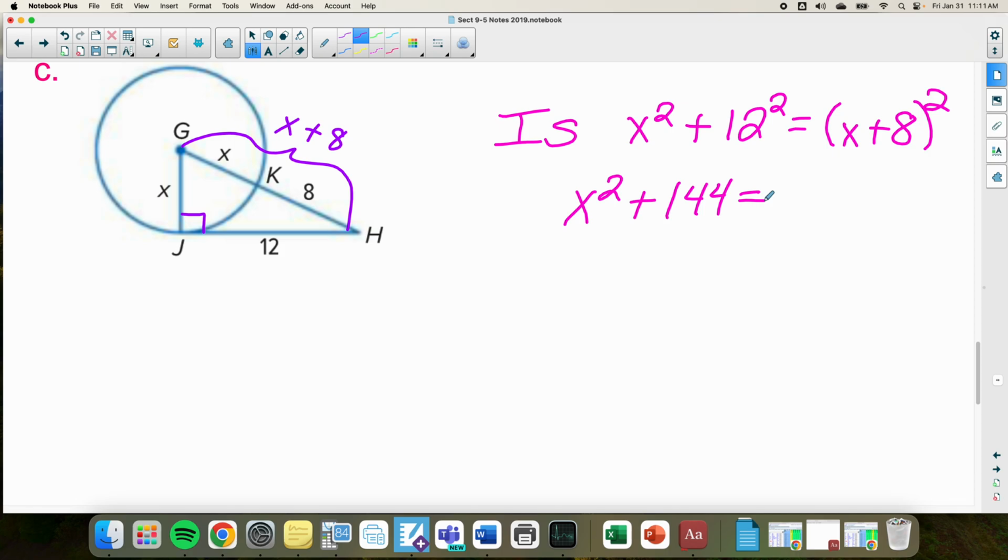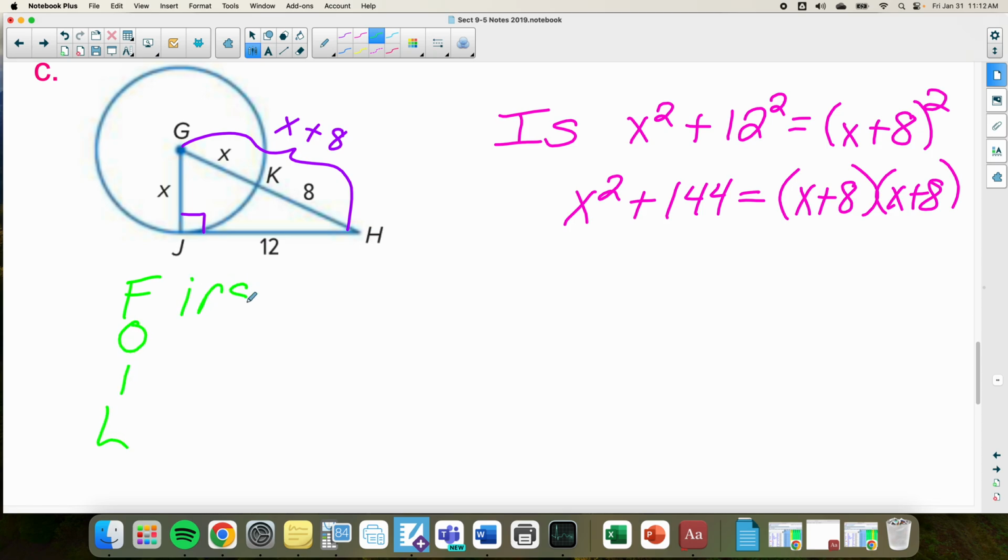When you have x plus 8 quantity squared, that is x plus 8 times x plus 8, and you have to use FOIL, okay? So you have to use FOIL there, and that's why this one is kind of a pain. So F is first, O is outside, I is inside, and L is last, okay?